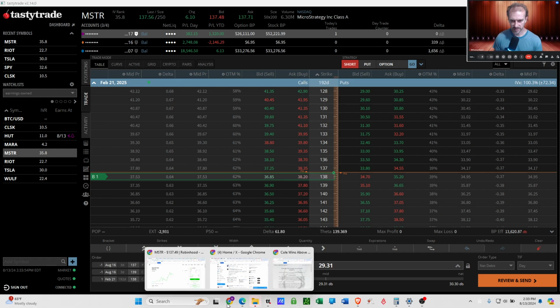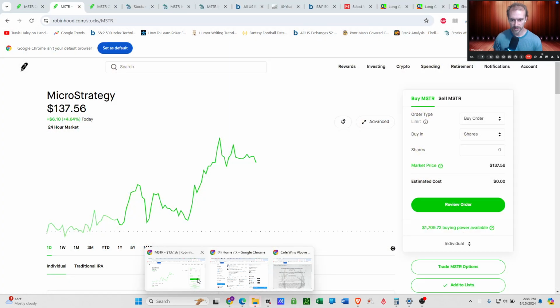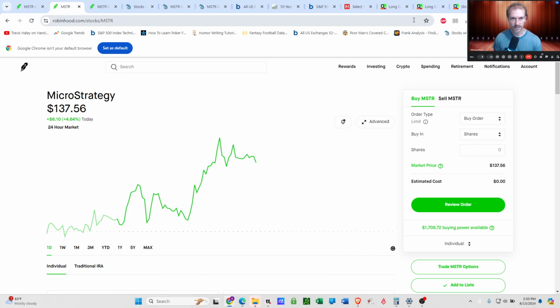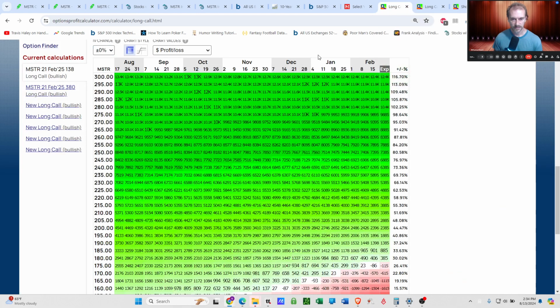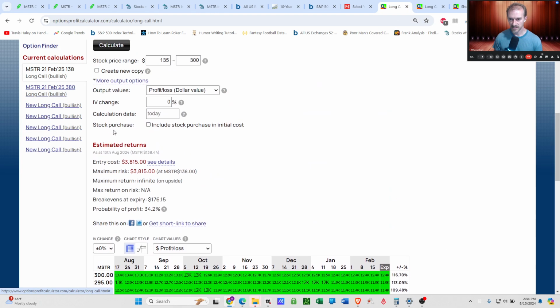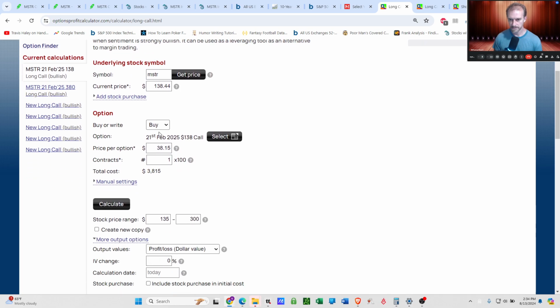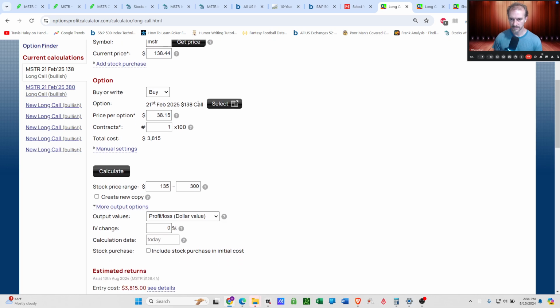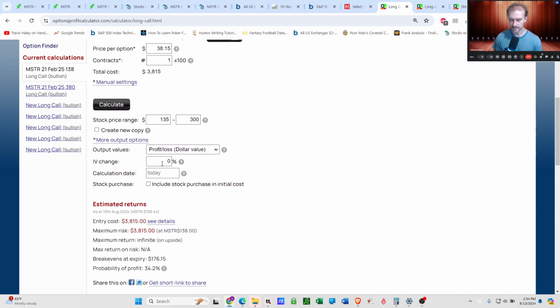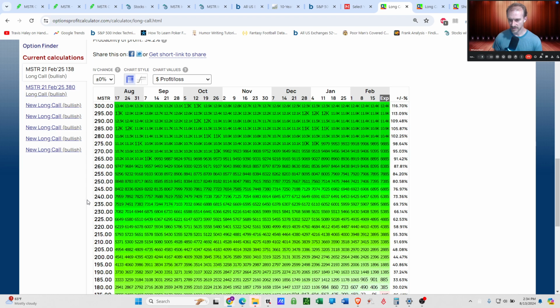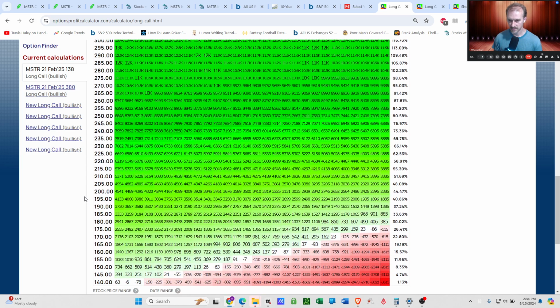And let's use options profit calculator to see how much this would protect. So you go in here, you put in MSTR, gives you the price. And if I want to buy a February 21st call at the money strike, this is how much it would protect me. So anywhere in green, we're making money.